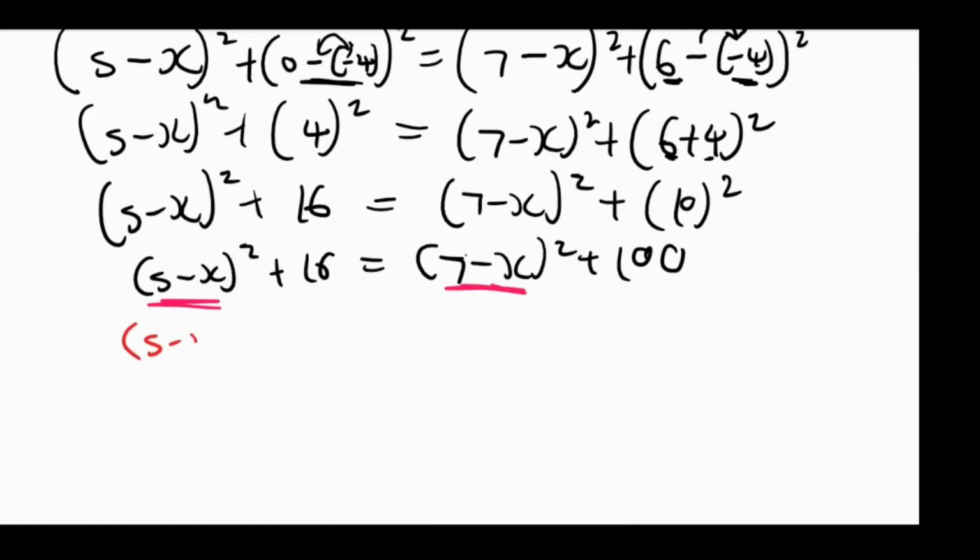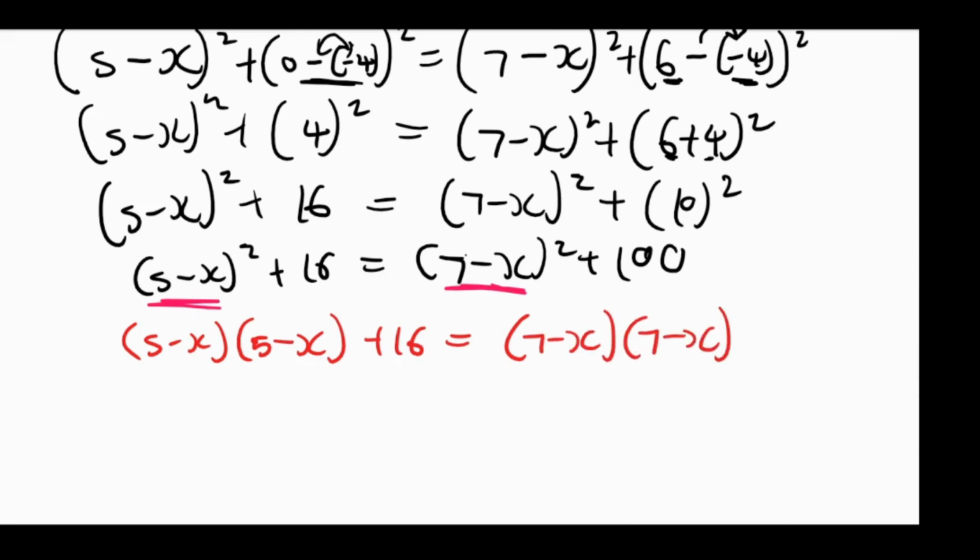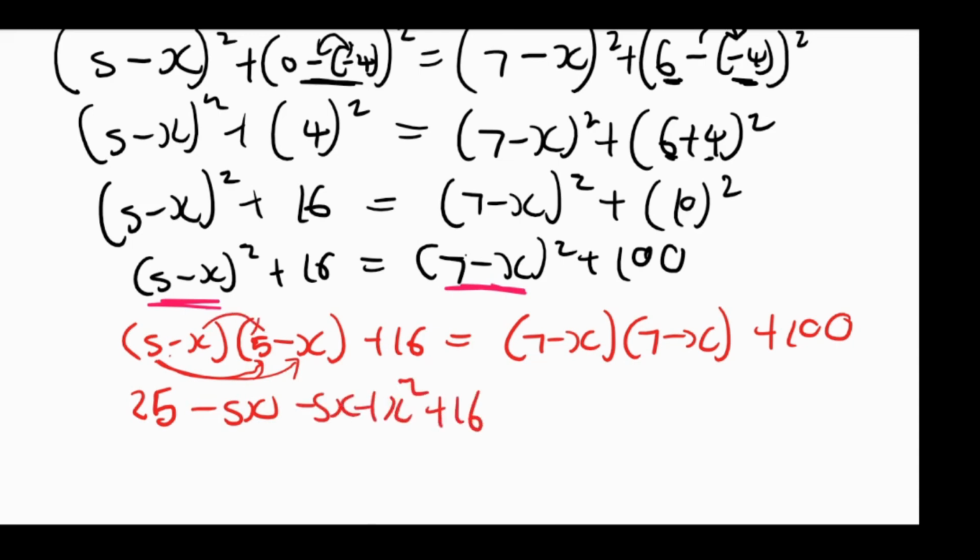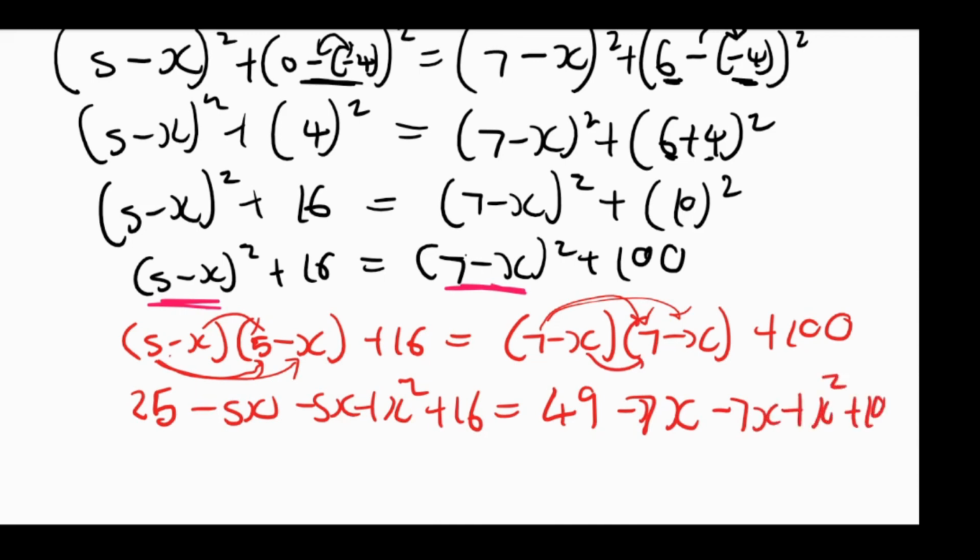Then we're going to find the product of this and the product of that by expanding. So we'll have 5 minus x times 5 minus x plus 16 equals 7 minus x times 7 minus x plus 100. So 5 multiplied by 5 gives us 25, 5 multiplied by negative x is minus 5x, and this one also minus 5x plus x squared, plus 16 equals 7 multiplied by 7, which is 49, minus 7x, minus 7x, plus x squared plus 100.